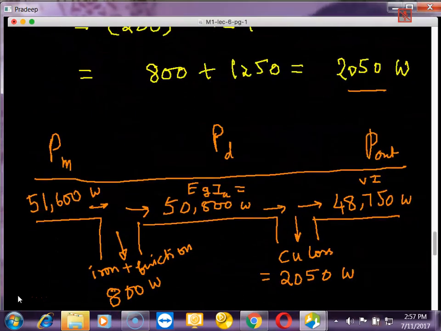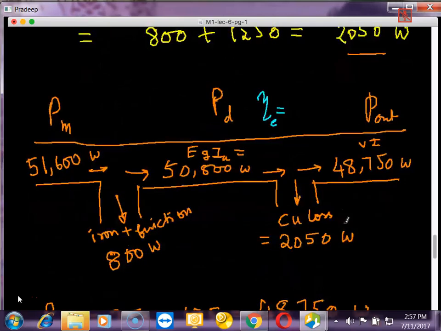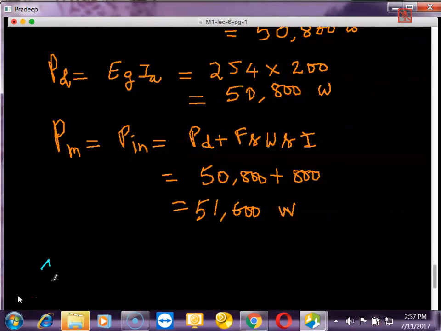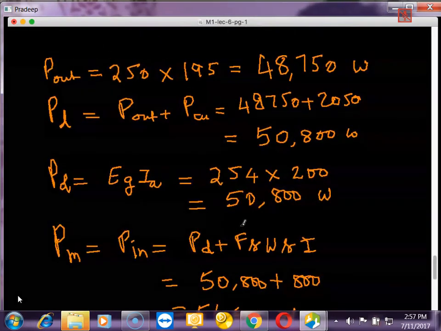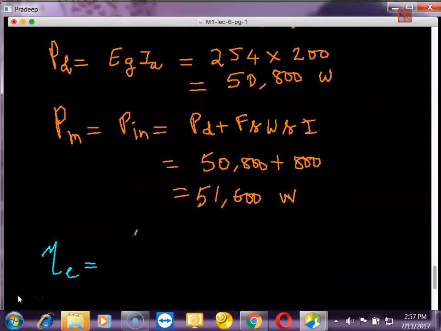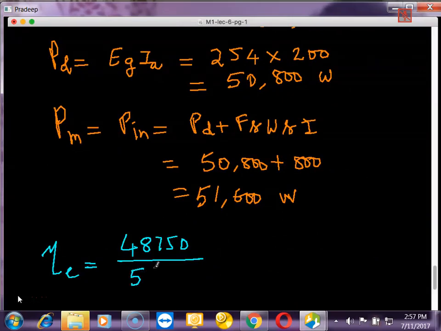Once I know this, I can find the efficiency. How to find the efficiency? If I take the ratio of these two, I'll get the efficiency of the electrical part. So efficiency of the electrical part is nothing but output, 48750, over power developed, 50800.